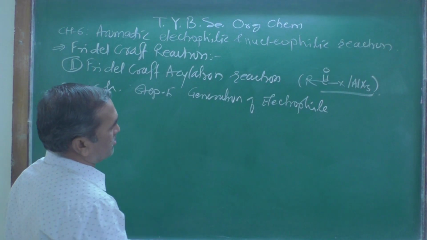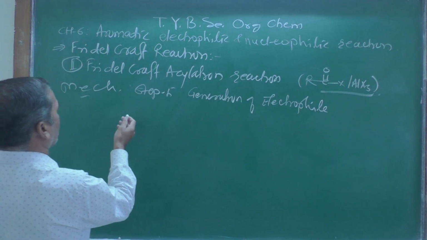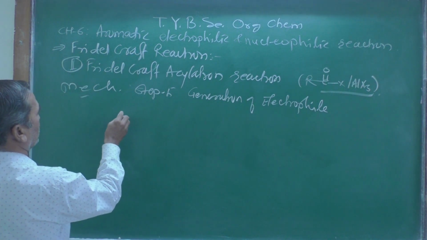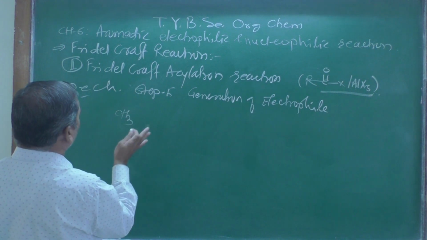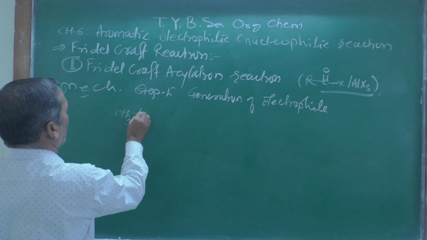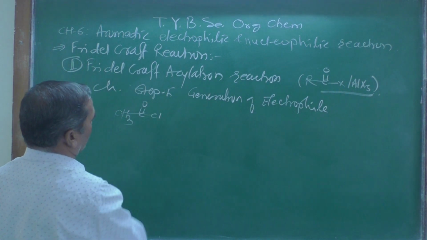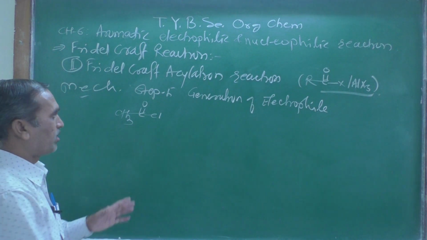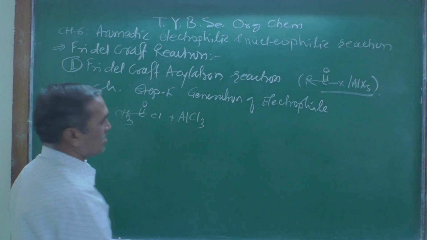If you take a general reaction, let me take a suitable example: CH3-C=O-Cl, acetyl chloride, which is treated with AlCl3.